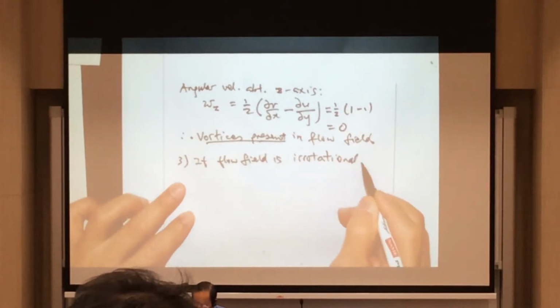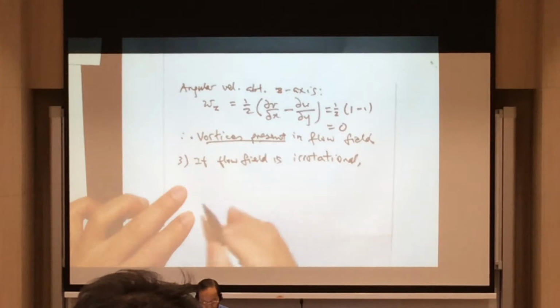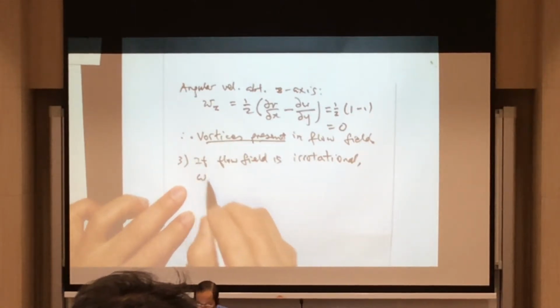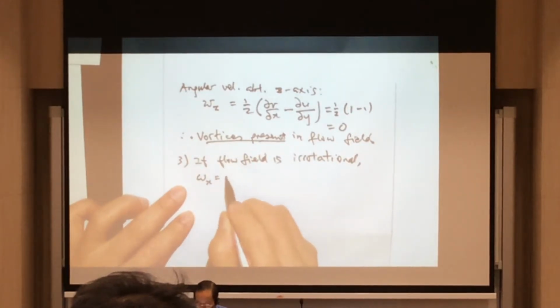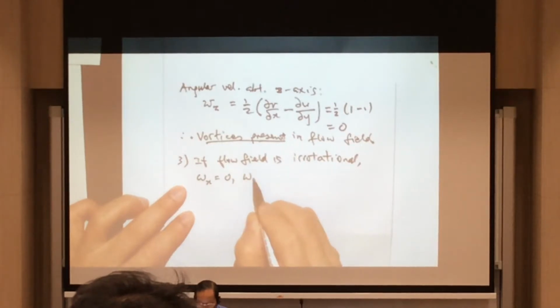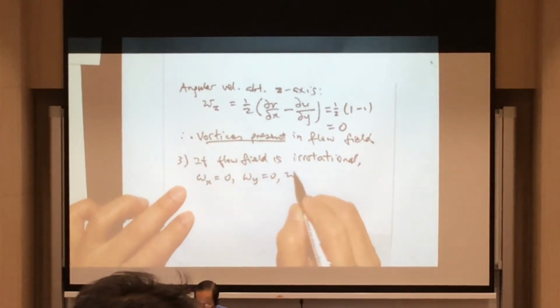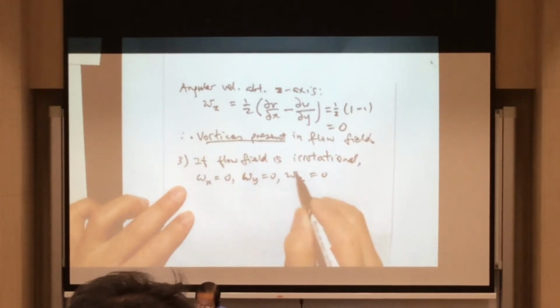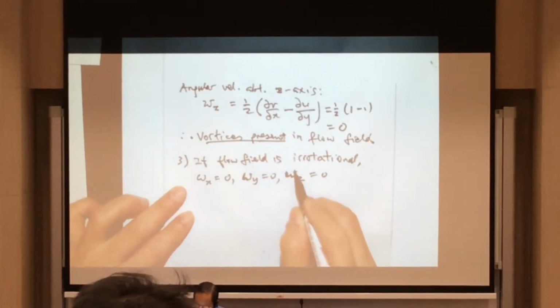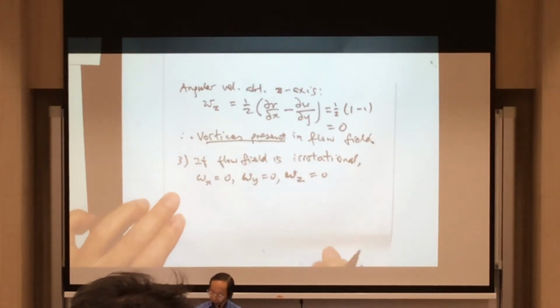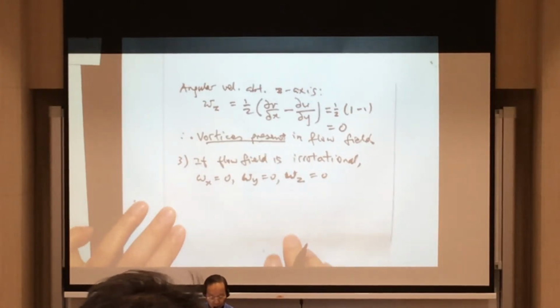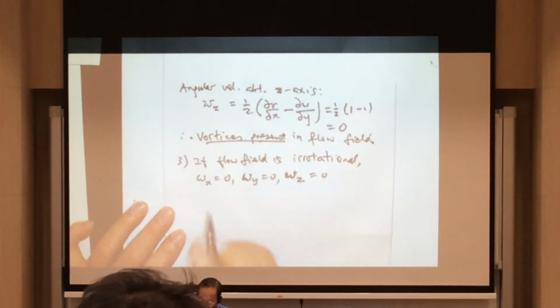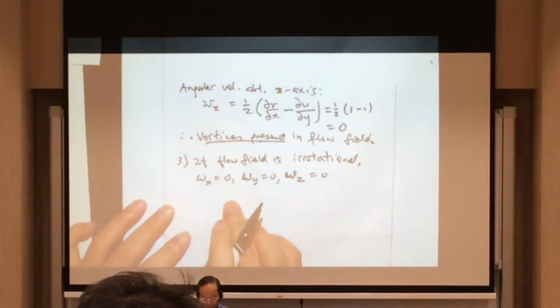You have no angular velocities. So in this case, omega x equals 0, omega y equals 0, omega z equals 0.